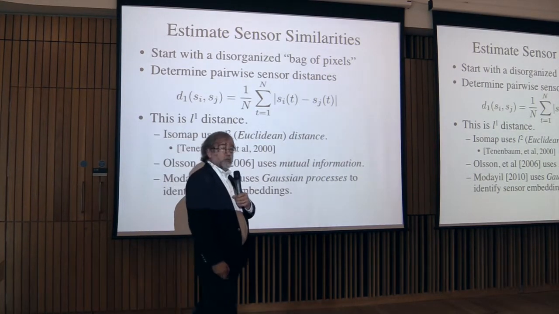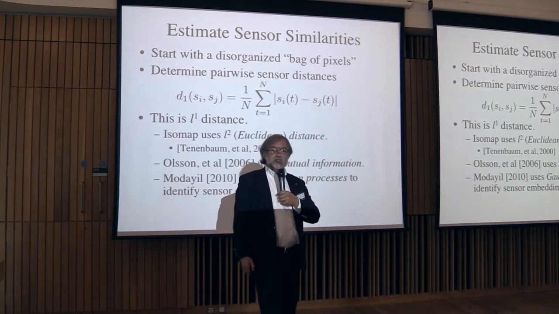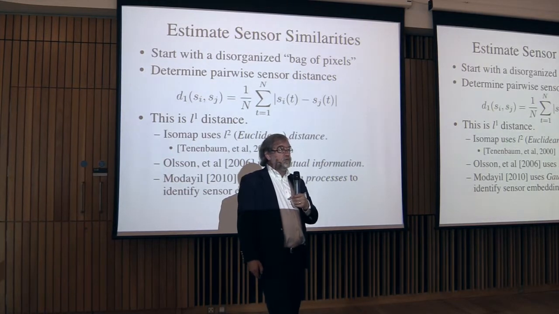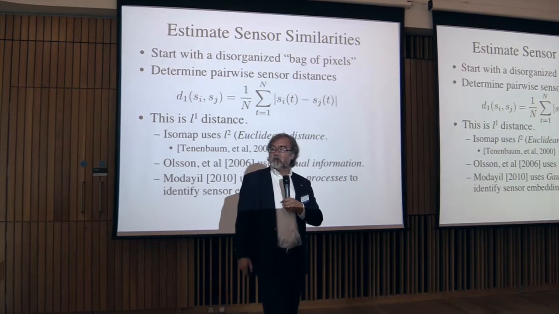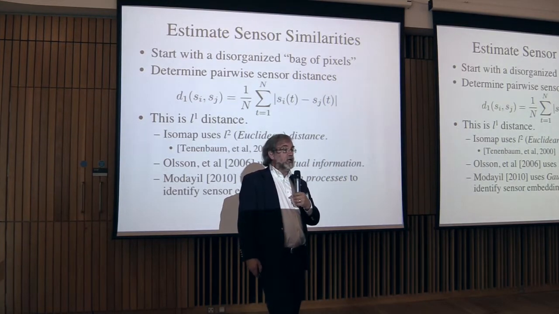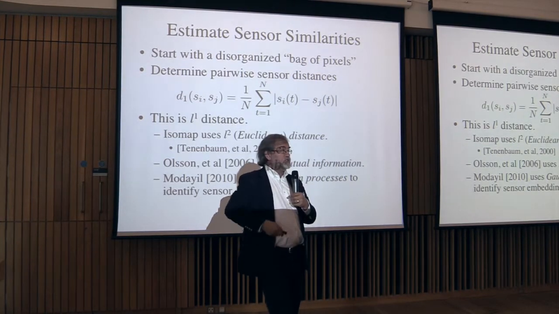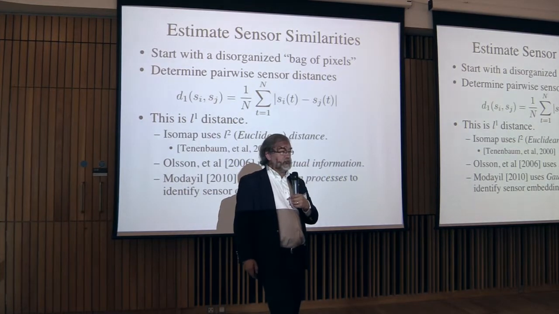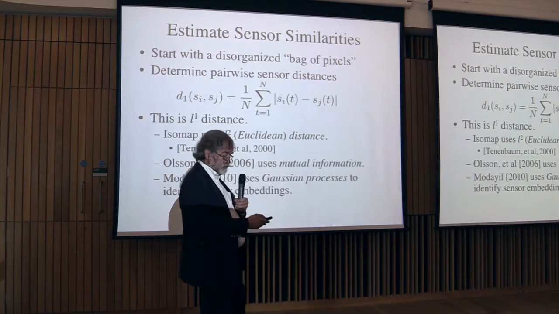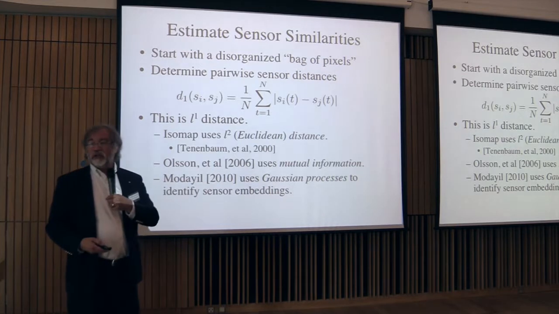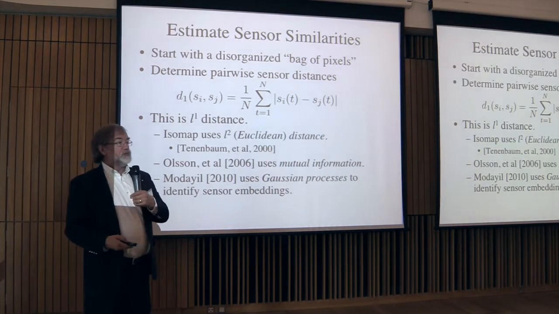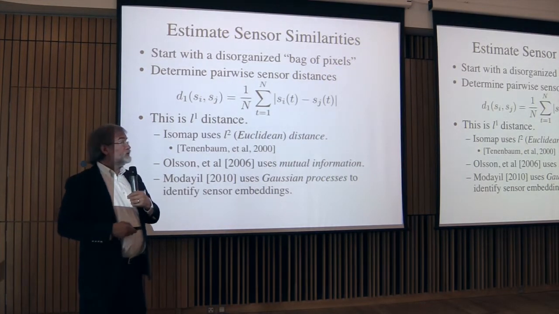It's not really critical to my mind exactly which distance metric you use, but the important part is that there is a distance metric that can be applied to pixel level information and give you a pairwise distance on these pixels, and that none of these metrics involve knowing the semantics of the sensors.